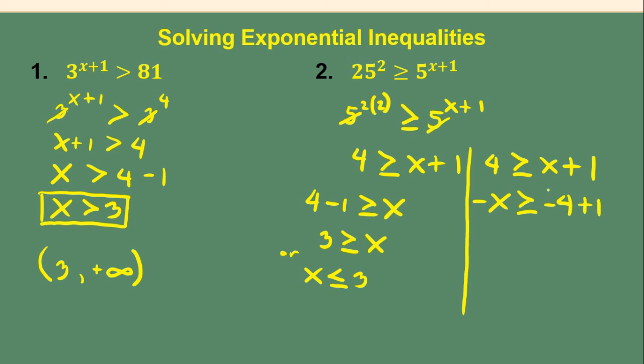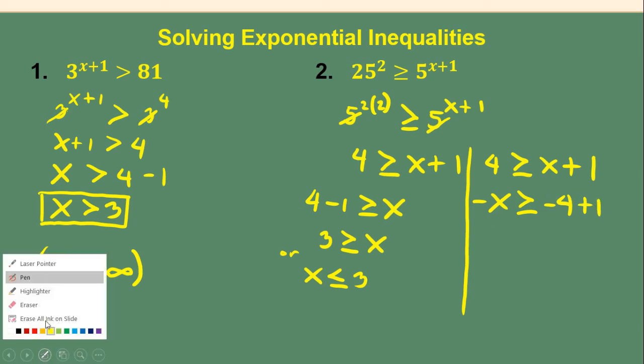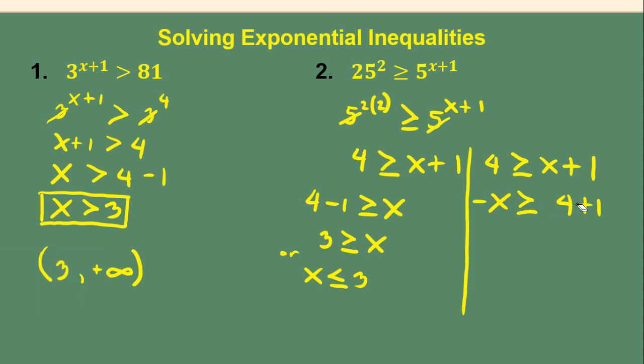Or you can have 1 minus 4. So they are still the same. This time we will start with 1, and then 4 will become negative 4, because 1 minus 4 is the same as negative 4 plus 1.